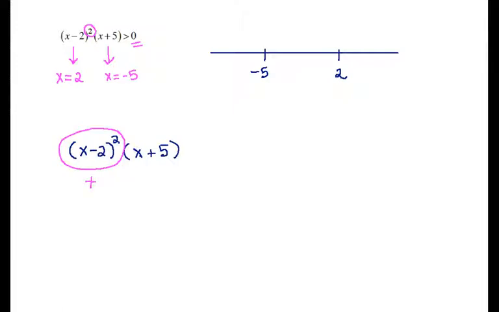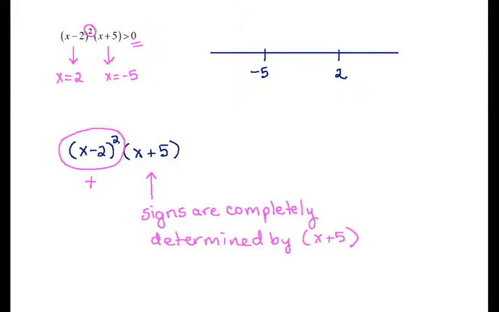This is always positive. The only place where it's 0 is at that boundary number x equals 2. So everywhere other than 2, so at any value that I could possibly pull off this interval, that factor is going to be positive. That means it's not going to affect my sign pattern at all, and the x plus 5 completely determines the sign pattern. So that's going to make it go quicker when I fill in the signs here.